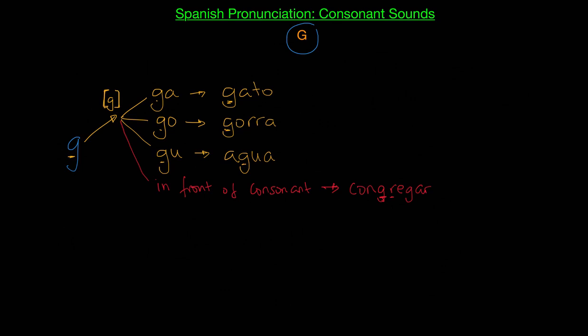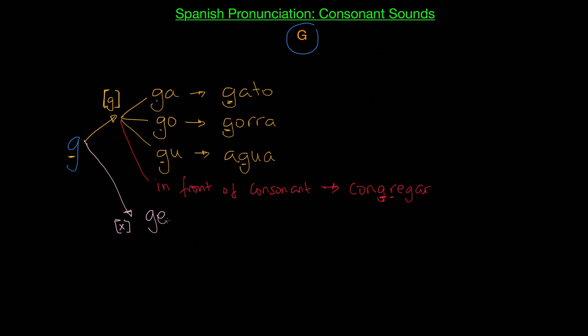Now we've got the other possible sound of the letter G, which is that ch. Again, for those of you into phonetics, it's symbolized by this symbol. When do we pronounce G as ch? Easy peasy.